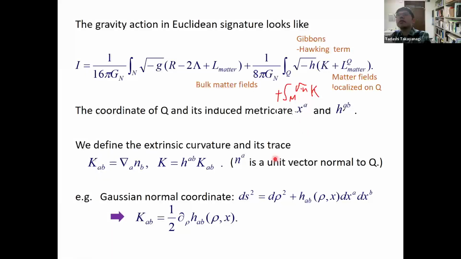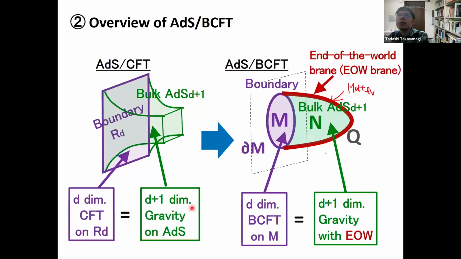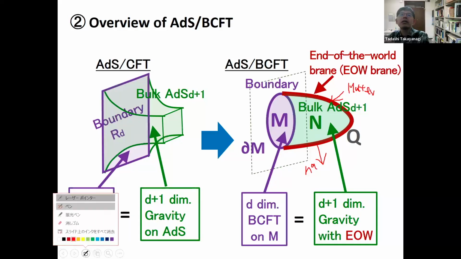We have this sub-region. A very geometrically important quantity is the extrinsic curvature, defined by the normal vector's derivative. N is the unit normal vector. Taking the covariant derivative of this defines the extrinsic curvature.